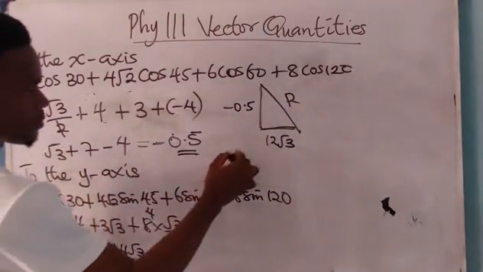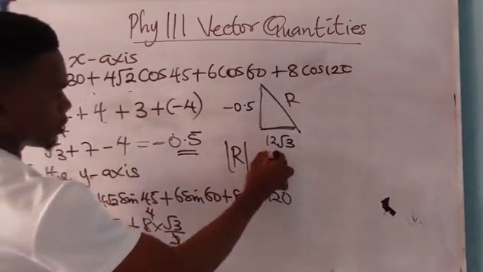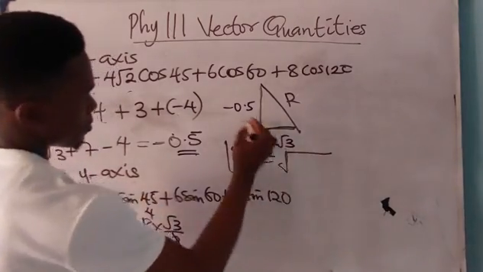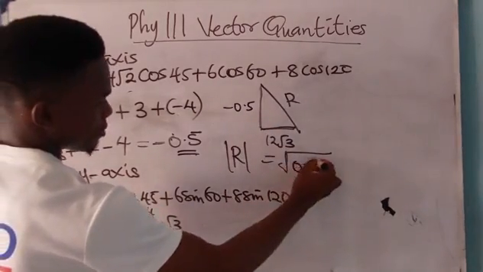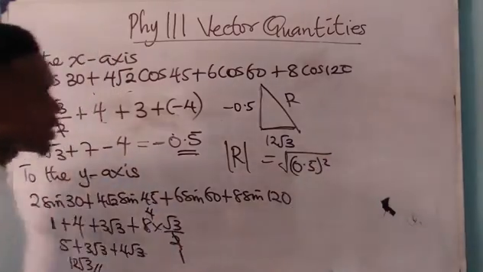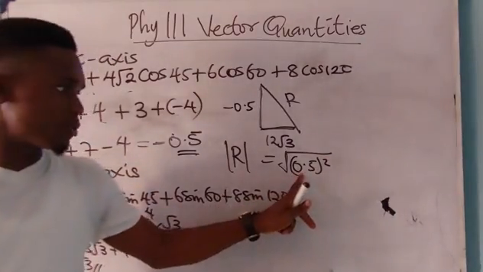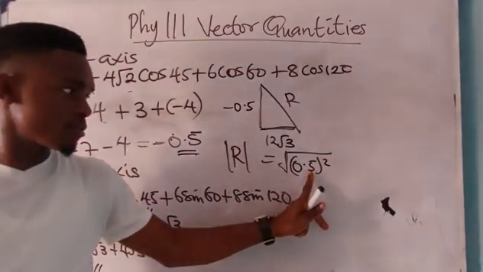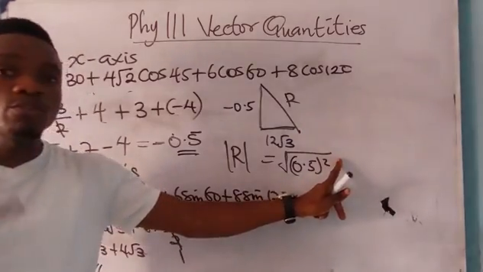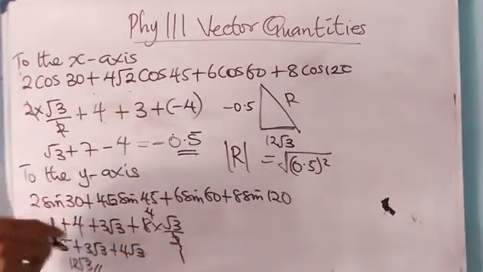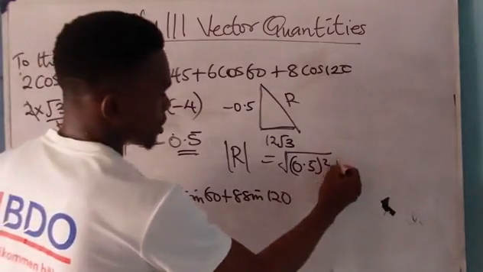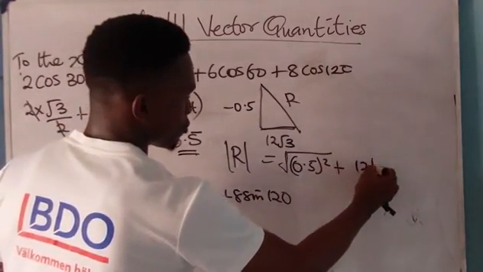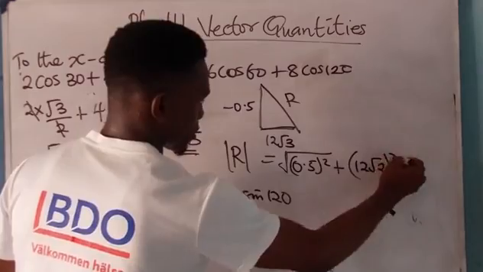Normally the resultant equals 0.5 squared. Now, the reason I don't put minus is because minus 0.5 squared will give us a positive value, which is 0.25. Then plus 12 root 3 all squared.